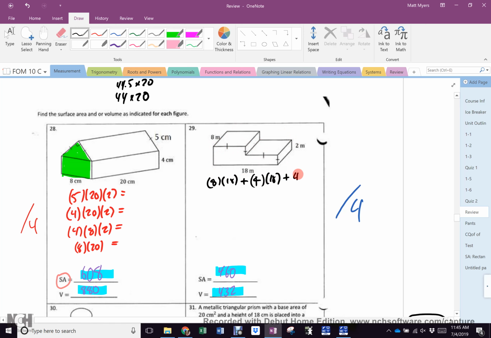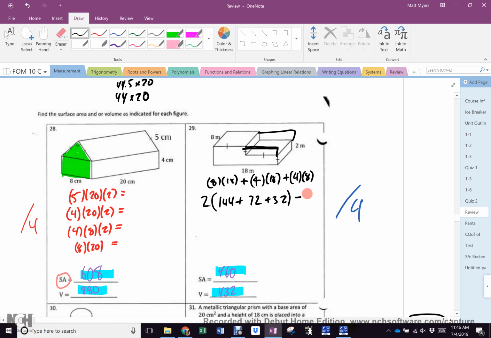Oh, 4 by 8 to get 8 times 18 is 80 and 64 is 144 plus 4 times 18 is 72 plus 32 and then I would multiply that by 2 and then I would subtract this rectangle which is 2 by 9 and there's 2 of them.